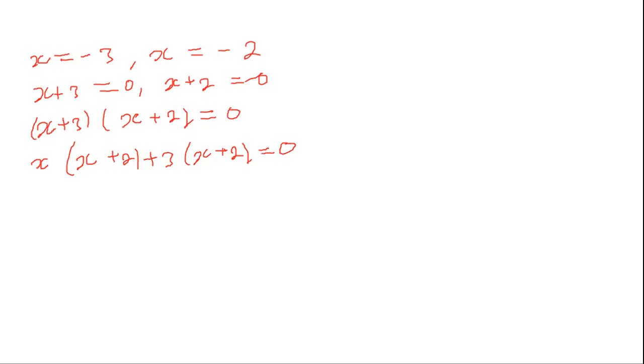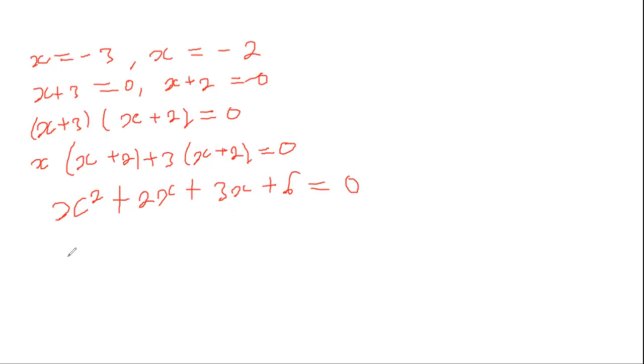So here we are able to say x times x is x squared, x times 2 is 2x, x times 3 is 3x, and 3 times 2 is 6, equaling 0.